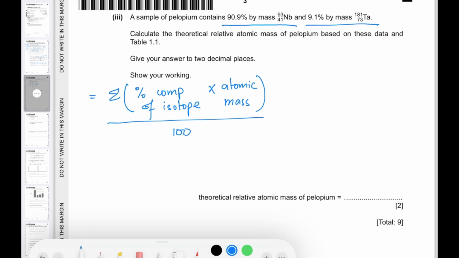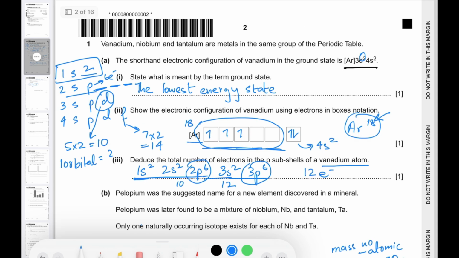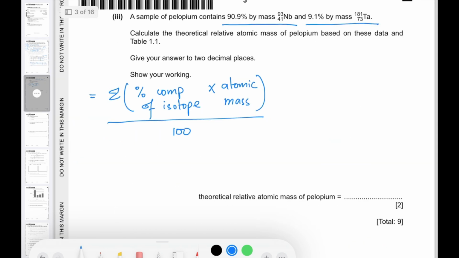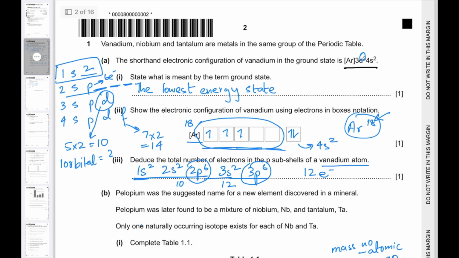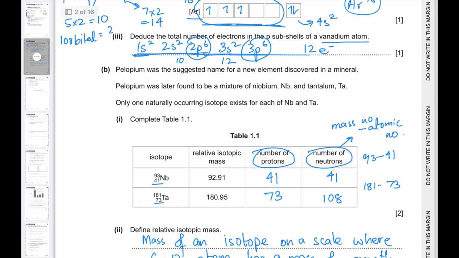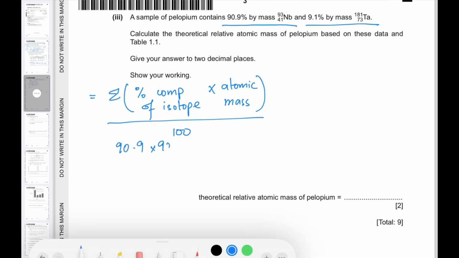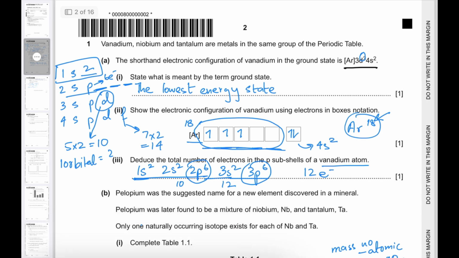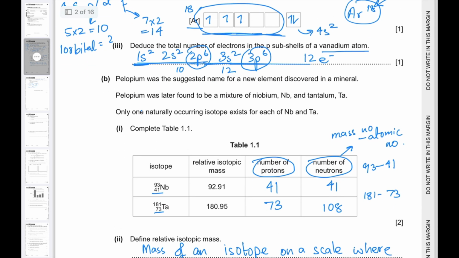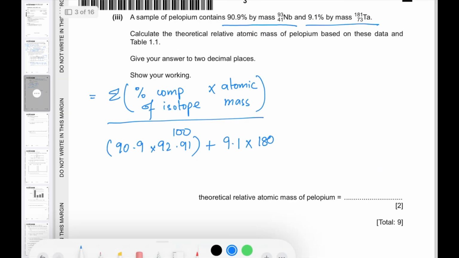So that means the percentage composition of niobium multiplied by its isotopic mass, which is given in the table as 92.91, plus the percentage composition of tantalum, that's 9.1%, multiplied by its isotopic mass, which is 180.95, divided by 100.